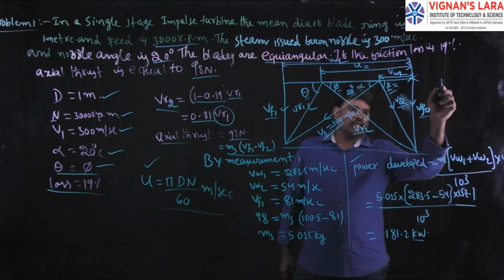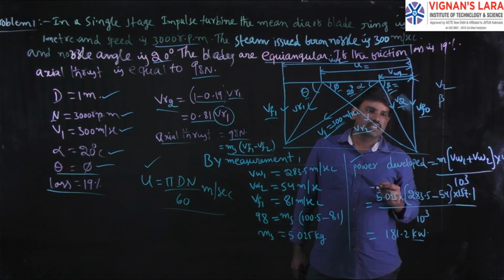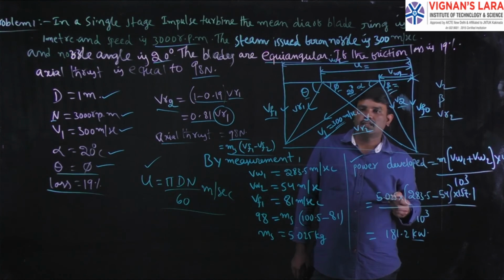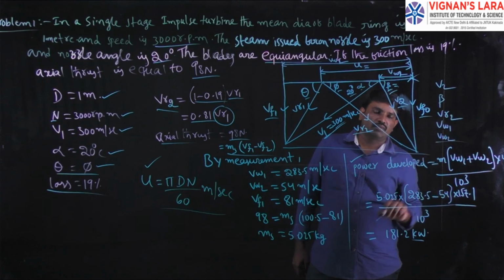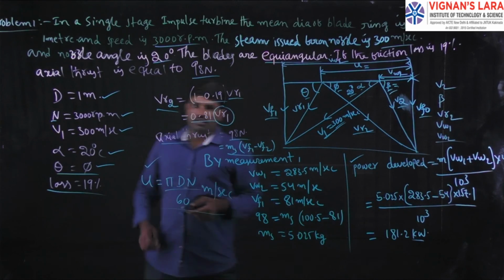You can also calculate the exit velocity of the nozzle, discharge angle, relative velocity of the steam, and whirl velocity at inlet and whirl velocity at exit. These parameters also you can calculate after completing the drawing of the combined velocity triangle.